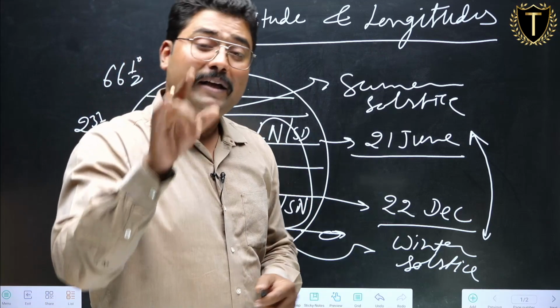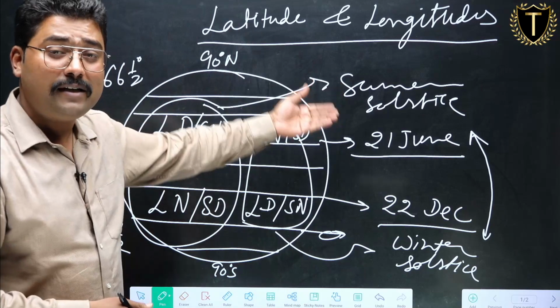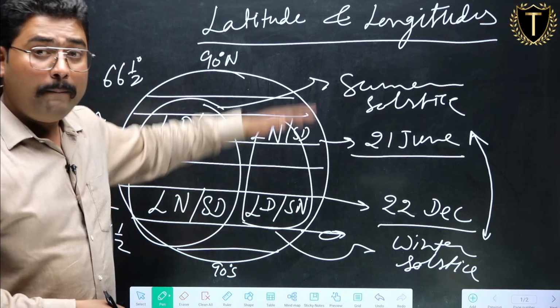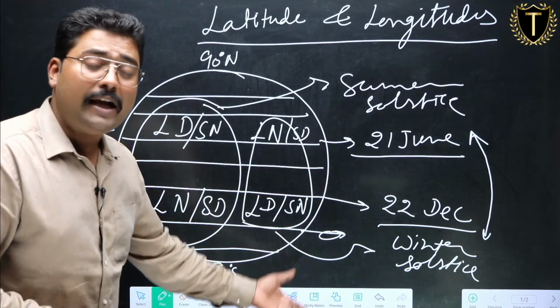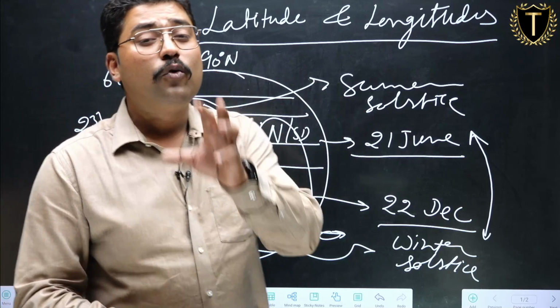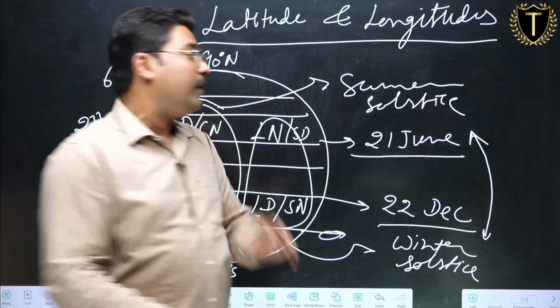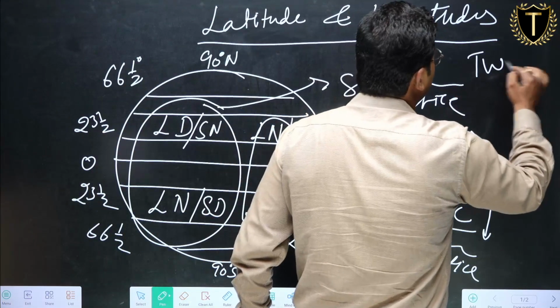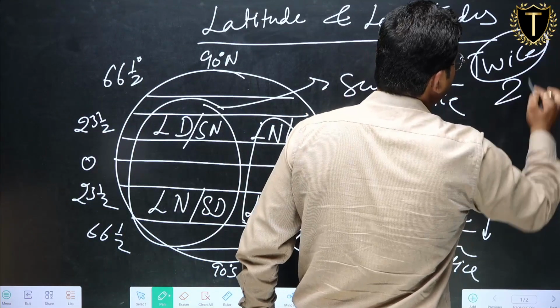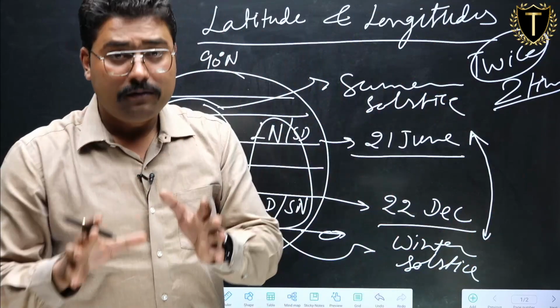But the places between Cancer and Capricorn, except Cancer and Capricorn themselves, below 23.5 north and above 23.5 south, are going to experience the vertical sun rays and zero shadow day twice a year. Twice means 2 times. Now the question comes, why?